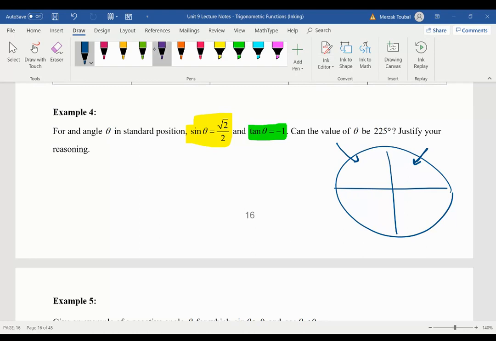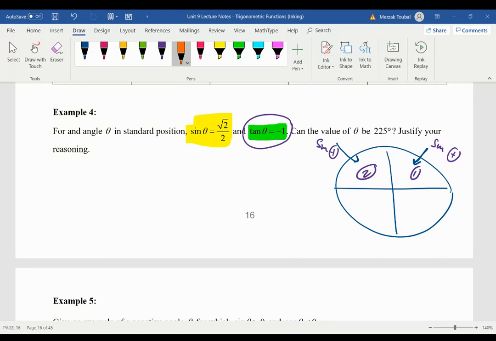Now the tangent is negative. The tangent says here equals -1, it means tangent is negative.